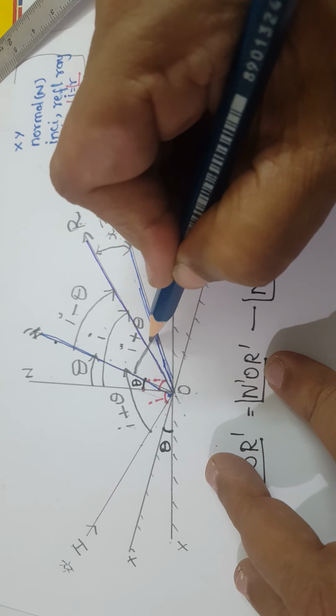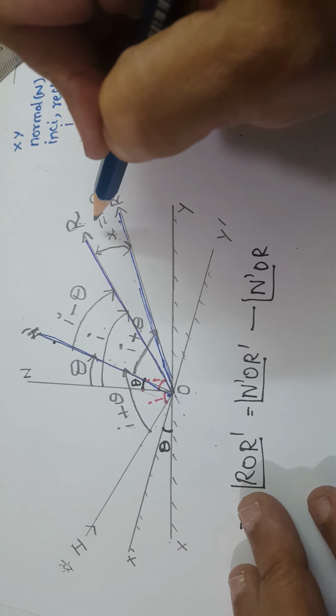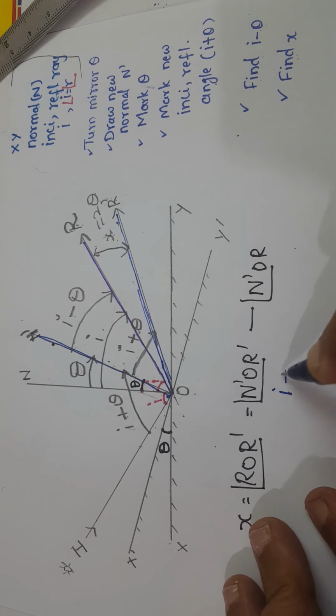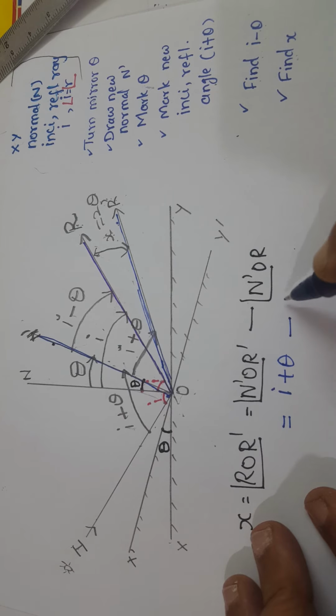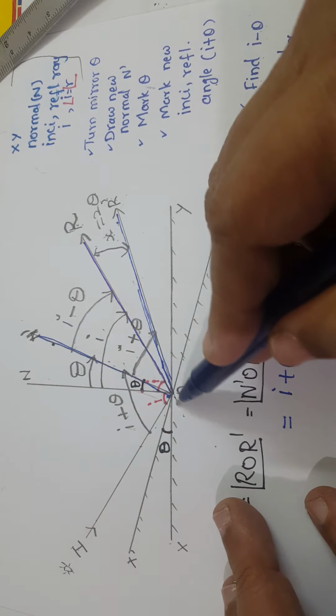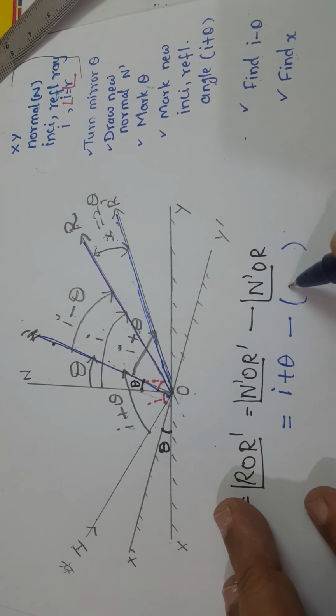So what is this angle? N dash O R dash is I plus theta. This is nothing but I plus theta minus, and what is this angle? N dash O R. This angle is I minus theta.